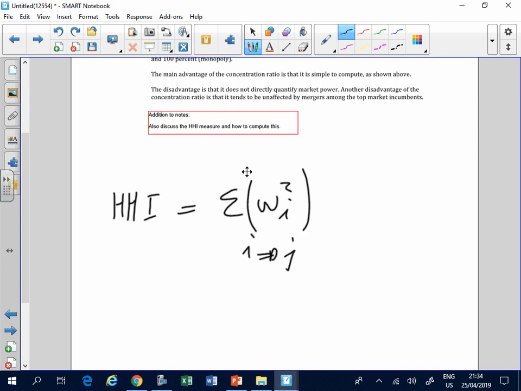What this means, ladies and gents, is that if you take a percentage and you square it, then you can have from 0 min to 1 max. If you multiply each percentage by 100, then you go from 0 min to 10,000 max. So depending on the type of question, be careful.